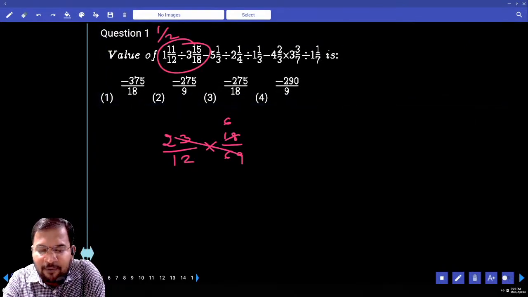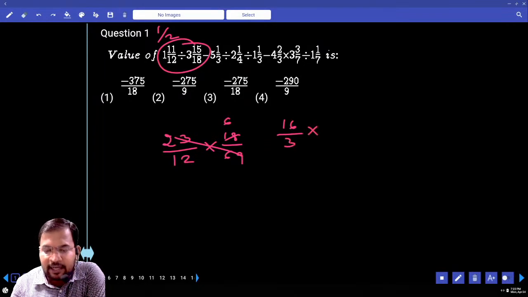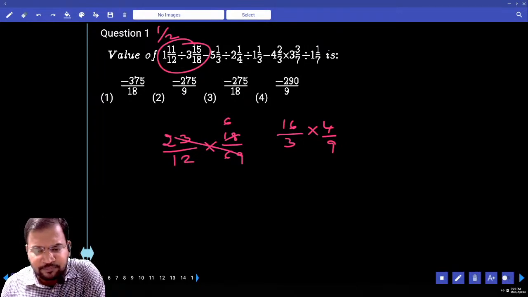Next, 5 1 by 3, 16 by 3. Next to multiplication, 9 by 4, but that is 4 by 9. Any cancellation? This is 16 by 3.